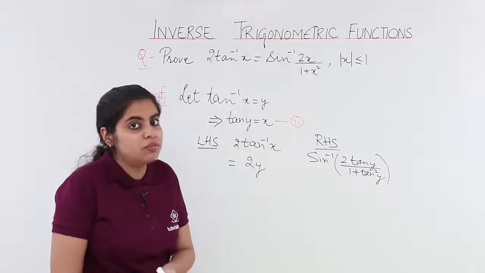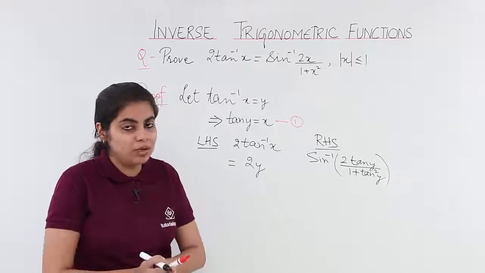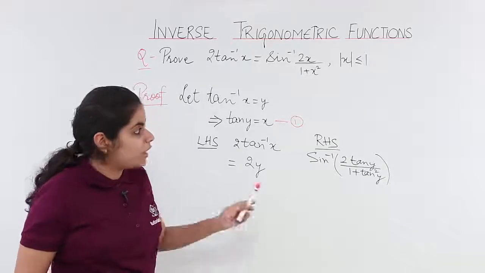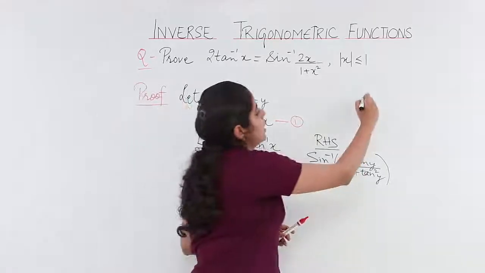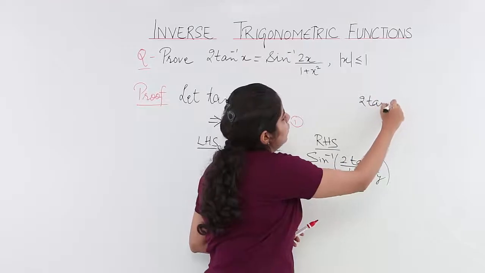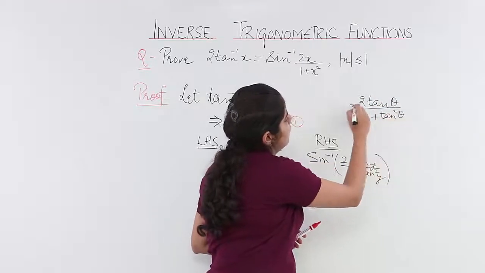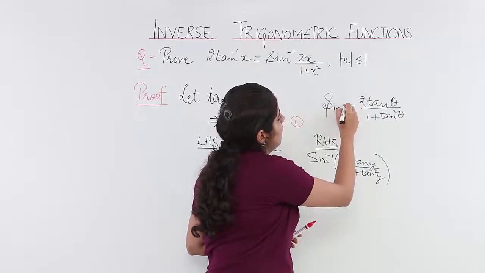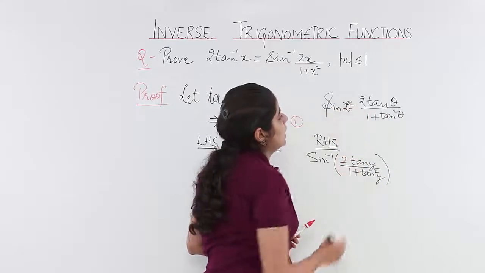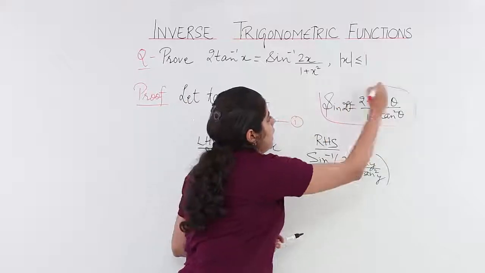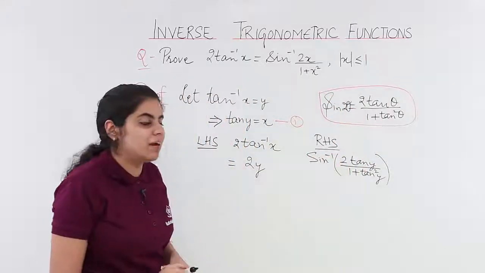And what is the formula of 2 tan theta upon 1 plus tan square theta? That is sine 2 theta, which we already know. I'll write the formula for you also. If I have somewhere 2 tan theta upon 1 plus tan square theta, that is sine 2 theta. So I have a formula for sine 2 theta, and hence I will be substituting the values.